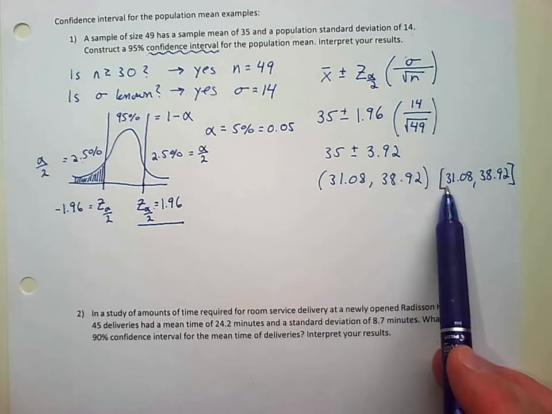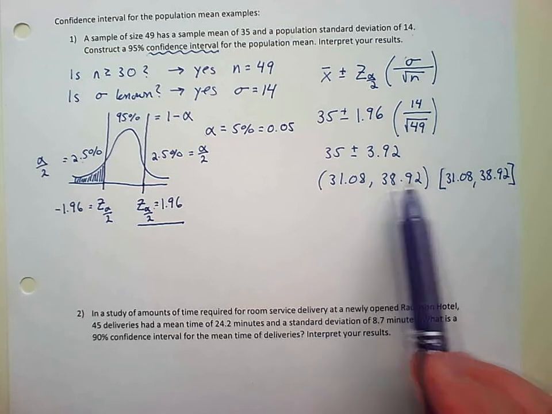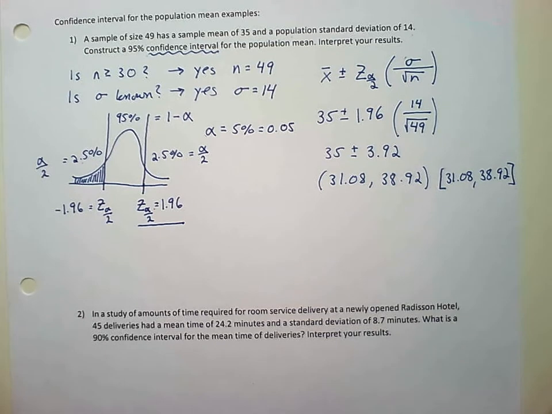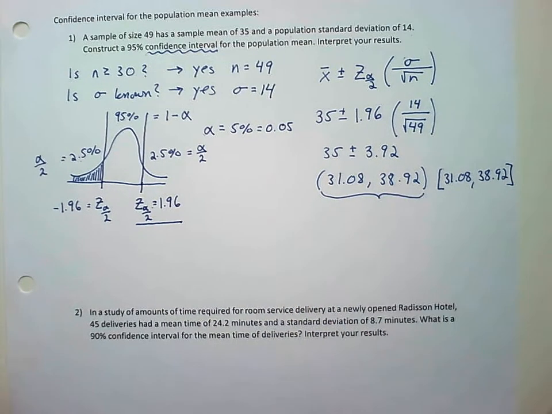Your textbook uses a lot of the square brackets, but regardless of which format you see, since we're dealing with a continuous random variable, they're both accurate. So here, I'm going to give you the answer as such.